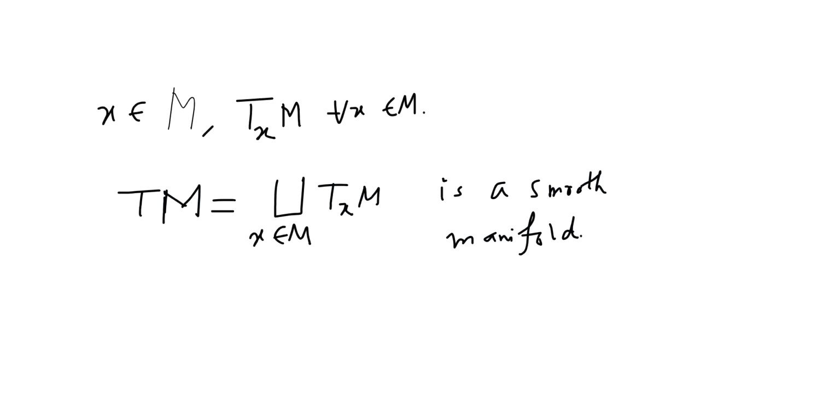First of all, you can show that this is a topological manifold, and then you can put a smooth structure on that. By putting a smooth structure, what do we mean? Locally you have to give charts. So for each neighborhood of each point, you have to give coordinates in Rn. So that is what is meant by giving a smooth structure. So this tangent bundle is a smooth manifold.